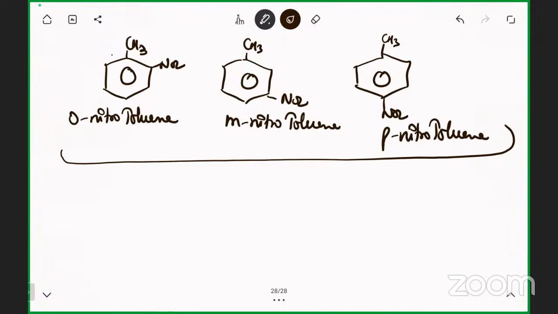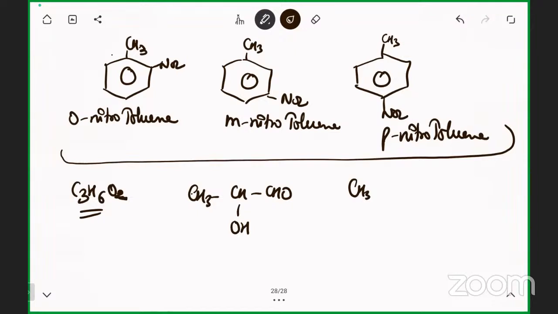Okay. The compound molecular formula is C3H6O2. The compound can be CH3, CH, CHO, OH, or it can be CH2, OH, then CH2, then CHO. Tell me the names of both compounds. The position of OH is changed.